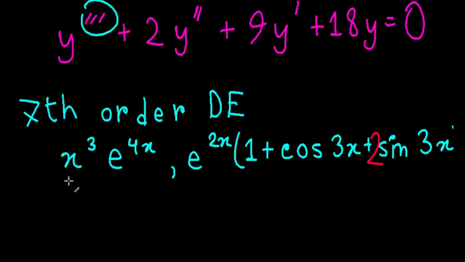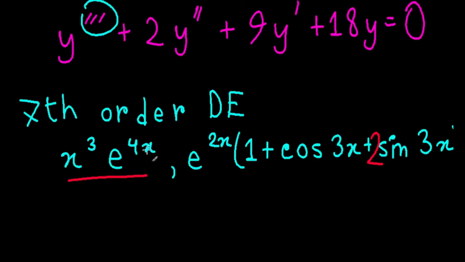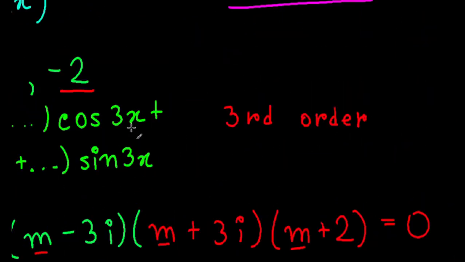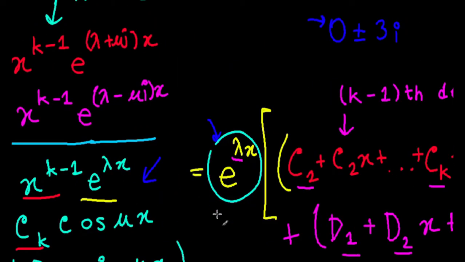First, for this portion, you have x cubed multiplied by e to the power 4x. If you remember, this sort of thing, some power of x multiplied by e to the power of something, only occurs when we have a repeated real root.